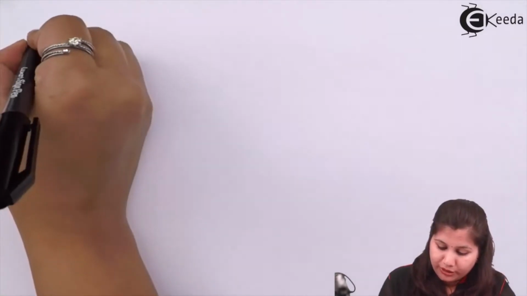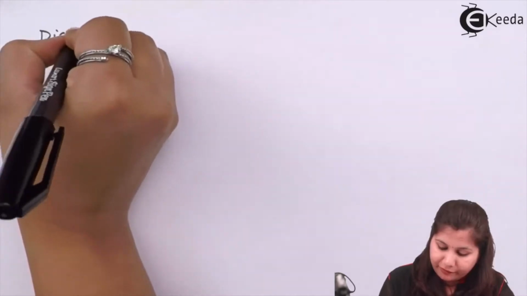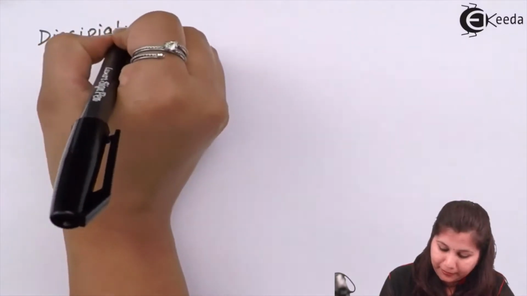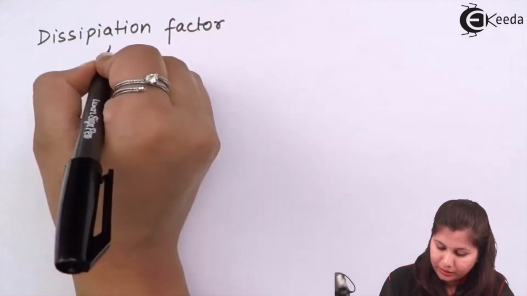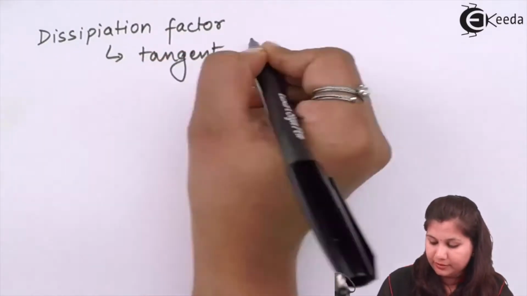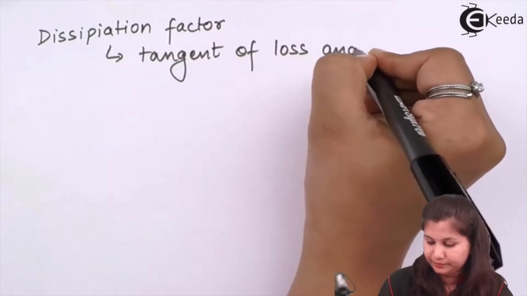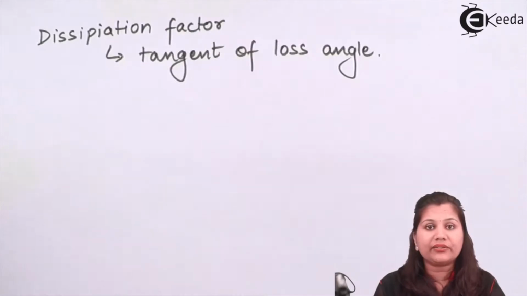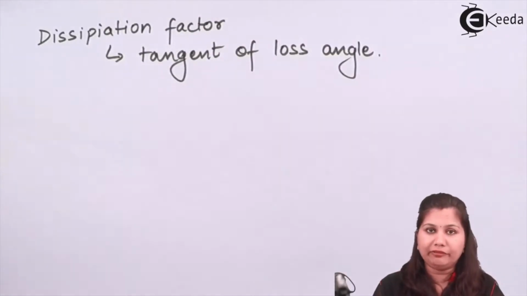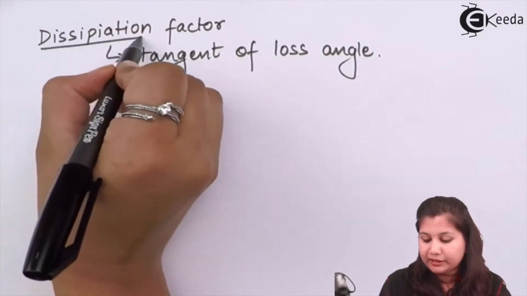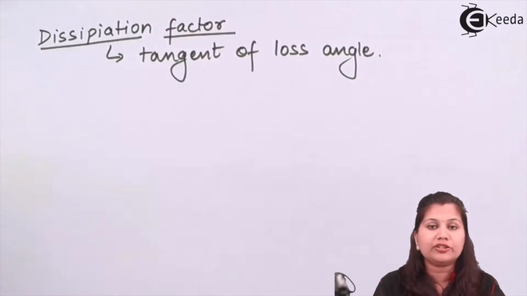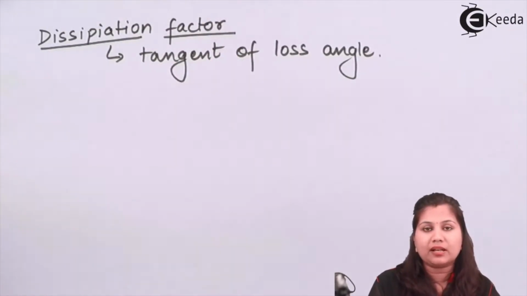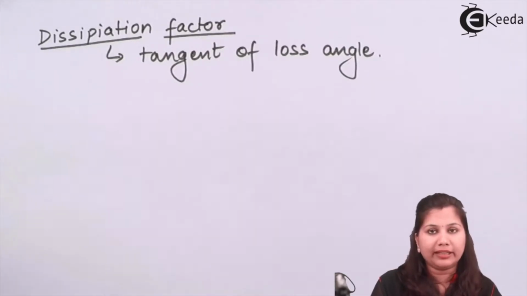Okay, so dissipation factor is defined as, and also it is the reciprocal of the quality factor. Quality factor defines the energy stored in the element. So it gives us information about the goodness or the quality of the element.